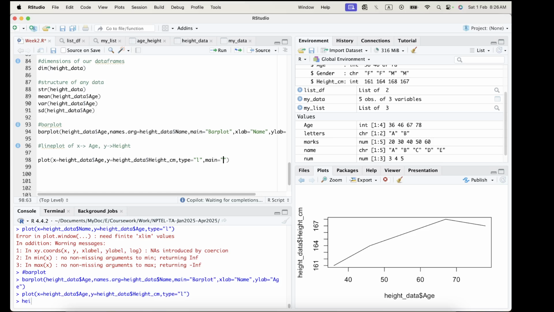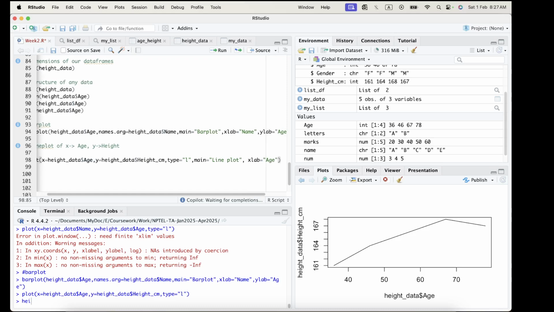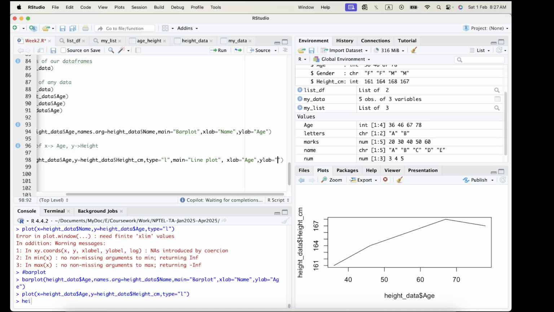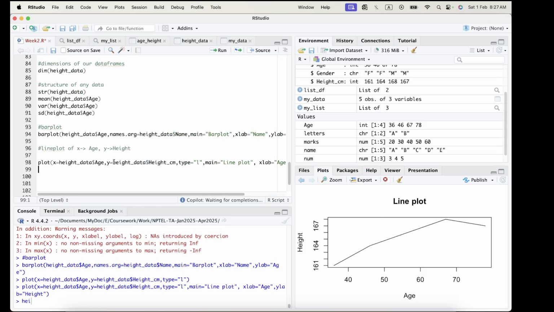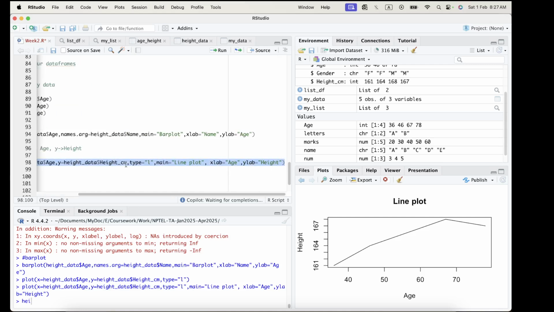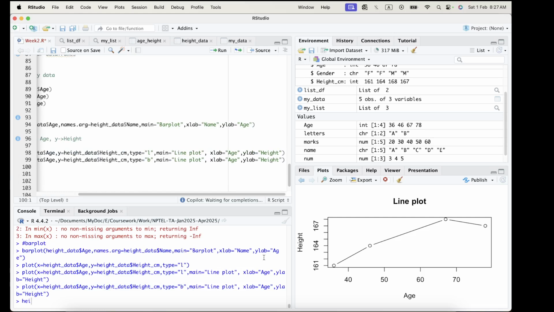If I give main as line plot, xlab as age, ylab equal to height, this is how it is going to look. Now if I give type equal to B, we are going to have circles at the edge points and in between joined by lines.